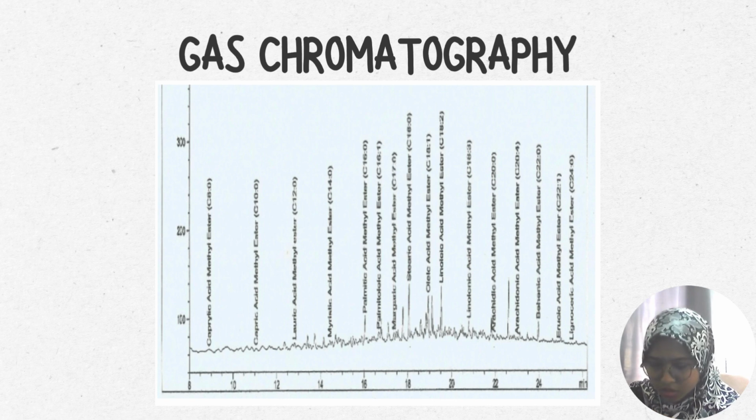So this is the GC-FID chromatograph of Canarium schweinfurthii pulp oil. In total there were 15 fatty acids in the external standard used, directly reflective of the observed spectral peaks, with a fatty acid methyl ester serving as an internal standard.